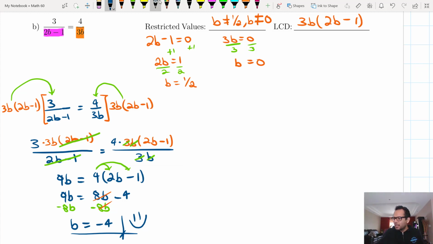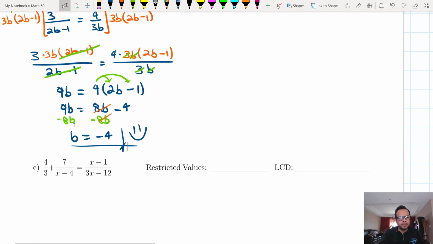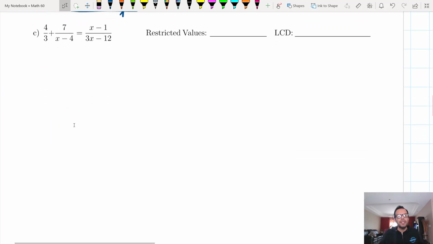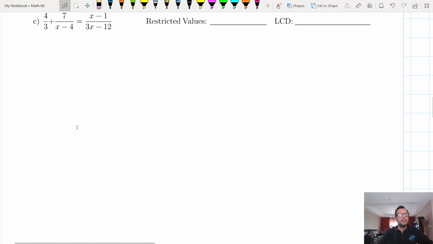Let's look at the next example. Okay, that looks a little bit bigger. It's going to be a little bit bigger example. Number 1. In this case, let's observe all the denominators. Let me highlight every single denominator: 3x minus 4 and 3x minus 12.